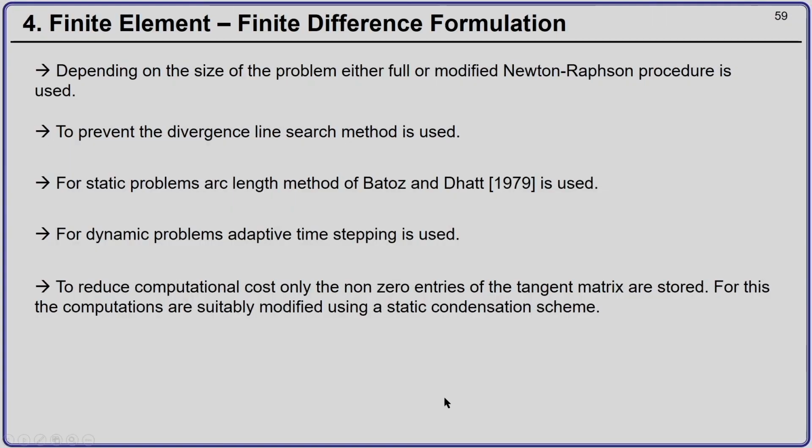Okay. Some of the other salient features that we have to use: depending on the size of the problem, if it is a very big problem, then we may like to go for the modified Newton-Raphson procedure instead of the full Newton-Raphson, which means that the tangent matrix is not computed at each and every step. This also we have discussed in our discussion on the Newton-Raphson method. Okay.